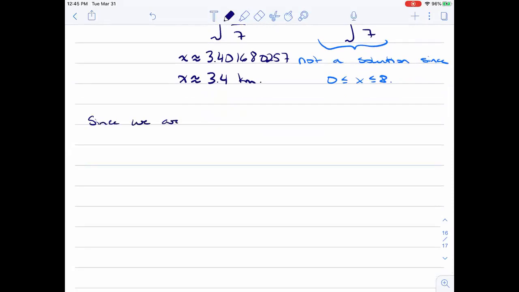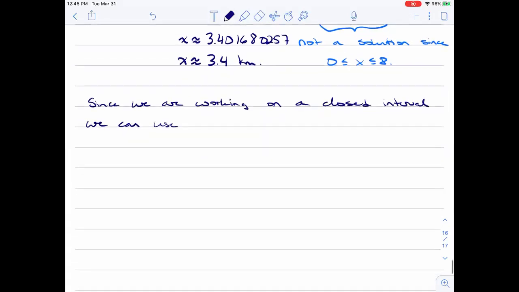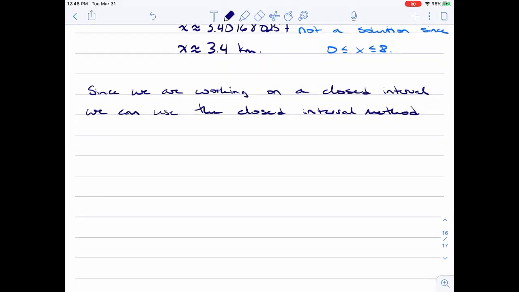Since we are working on a closed interval, we can use the closed interval method. What we have to do is evaluate the total time at the critical number and endpoints.